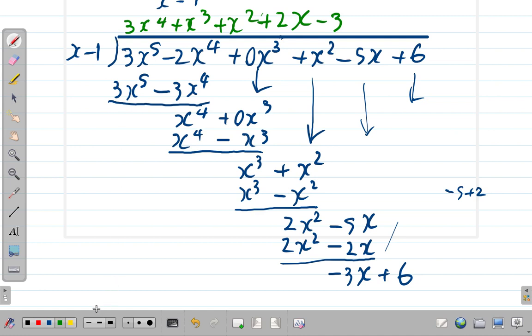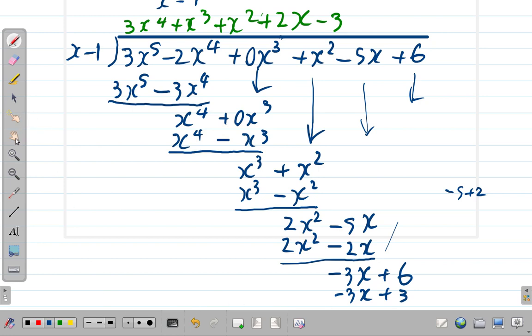Negative 3 times x minus 1 is going to be negative 3 times x, negative 3x. Negative 3 times negative 1 is plus 6. No, plus 3. Why am I writing 6? Plus 3. Let me rewrite that.